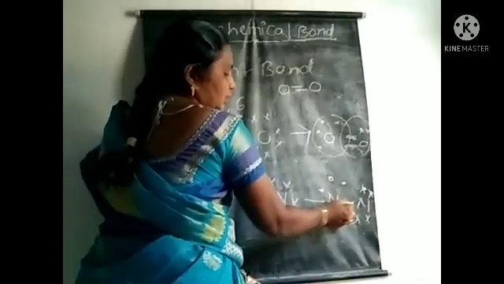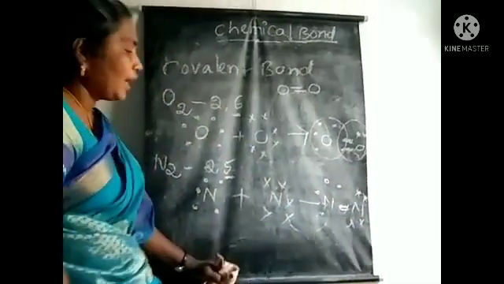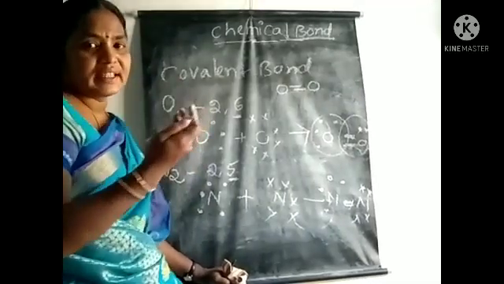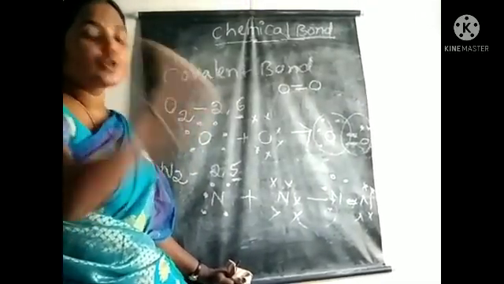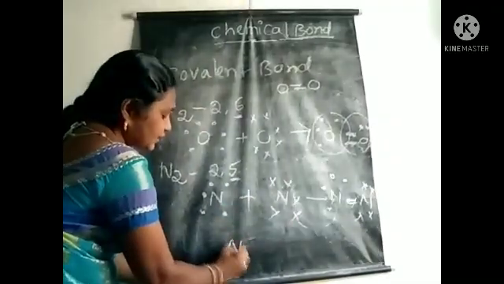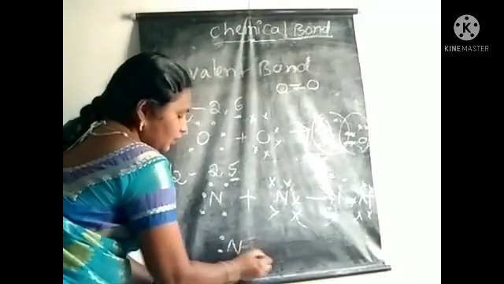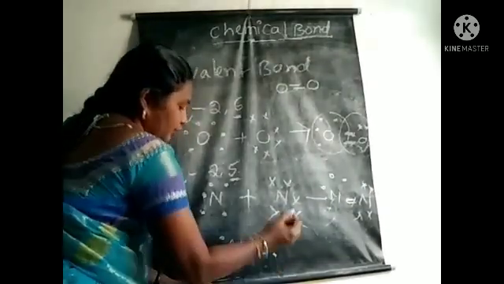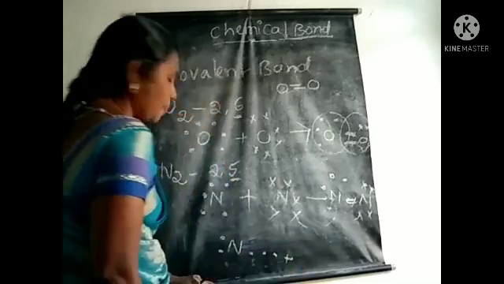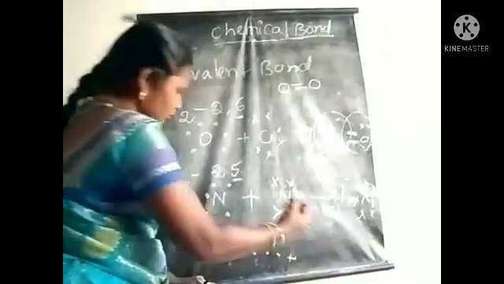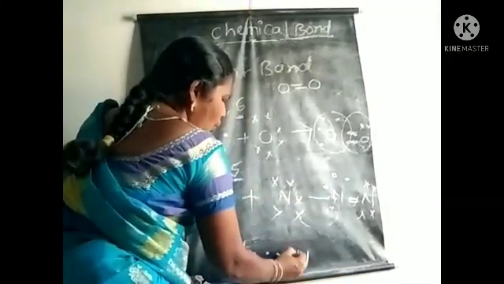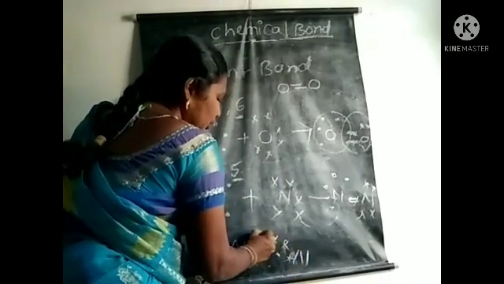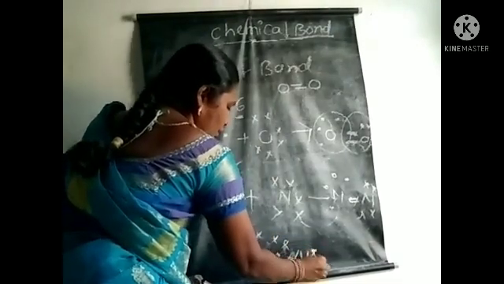Here, there is transfer of electrons, 3 sets. Three electrons are transferred like this. Nitrogen 1, 2, 3, 4, 5.